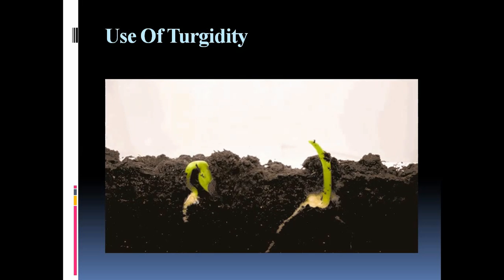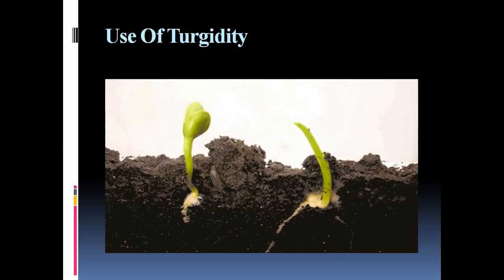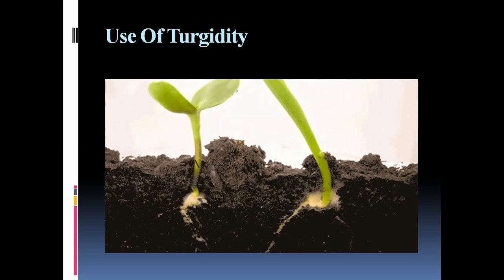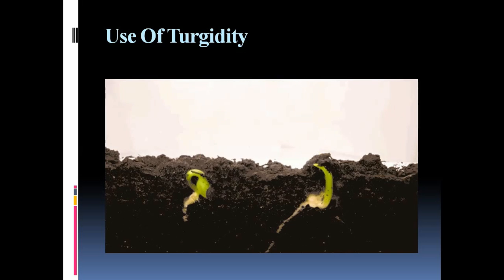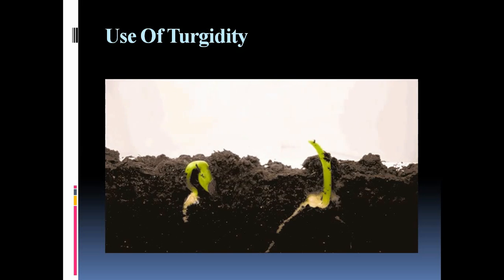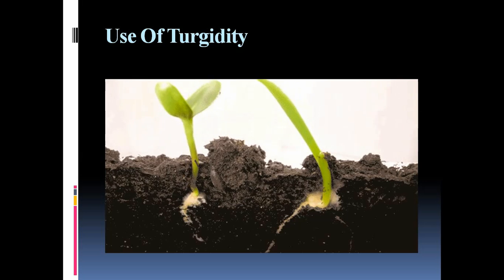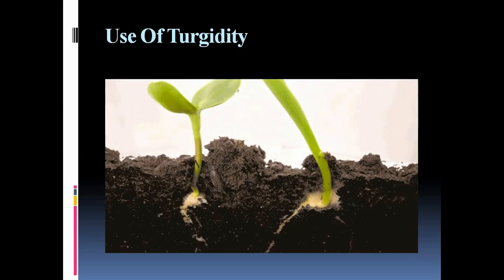How is it doing so? Where is it getting the strength from? The strength is actually coming from turgidity of the cells of the seedling. In the picture you can see the seedling is coming out, pushing through the soil surface. It is due to turgidity of the cells of the seedling.